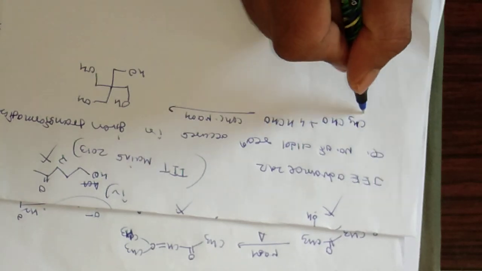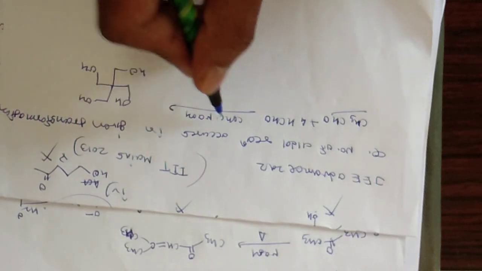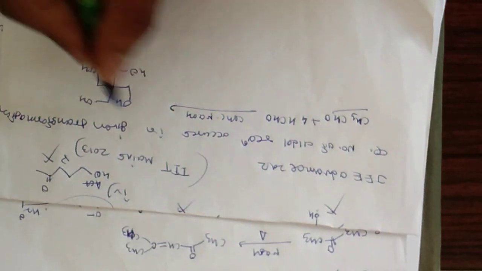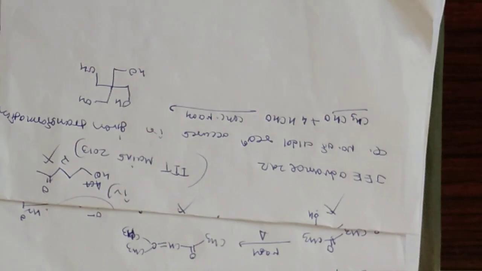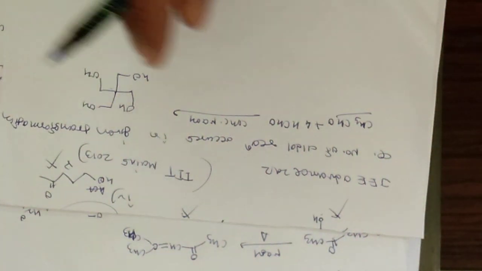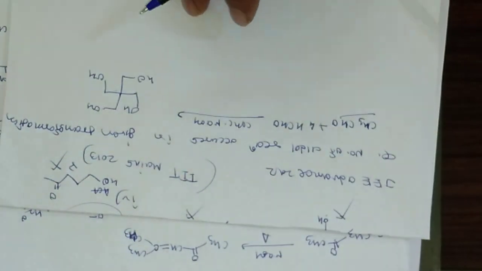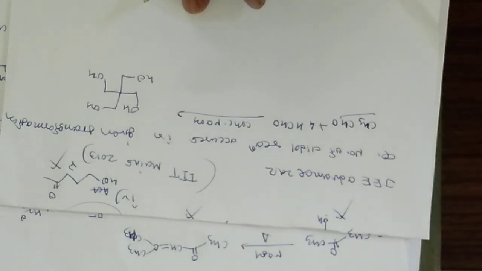The given reaction is this: acetaldehyde is reacted with 4 molecules of formaldehyde in presence of concentrated NaOH, giving this type of product. This looks like a very hard question and a complicated product, so how can you find out how many aldol reactions will occur?